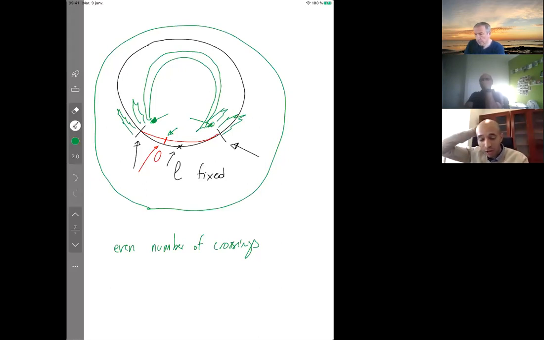So I hope you agree that it means that you cannot have a Markov property in the strong sense I was hoping for, meaning that what's happening outside the explored arc only depends on the local time at the boundary.